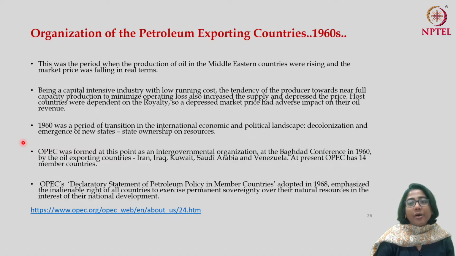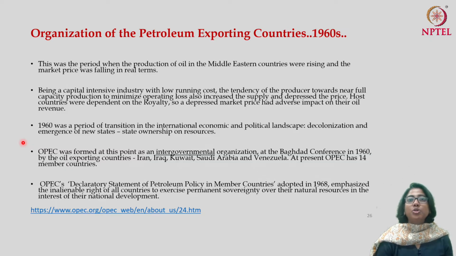However, in the middle of the 20th century, there is a shift from the emphasis on the US and Mexico to the Middle East countries. We have already discussed how by that time the US actually became a net importer of oil instead of being the net exporter of oil.